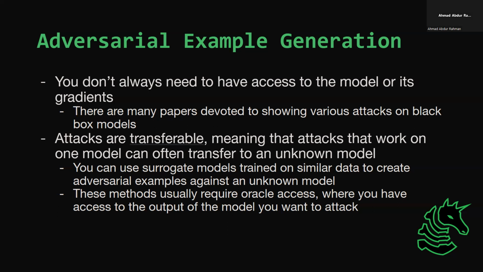If you find celebrity faces online, which is a data set, and train your own model, and then start crafting adversarial examples, which are celebrity faces with some noise added that fools your model, there's a good chance it fools your victim model as well. This is something that's been proven over and over again.